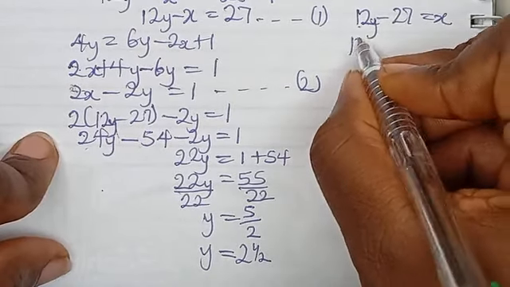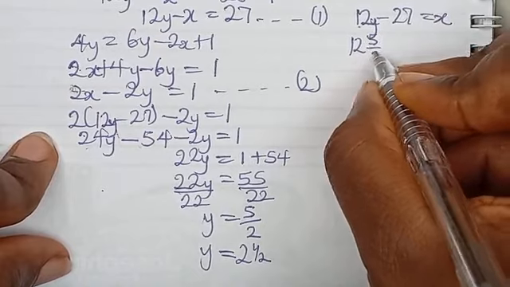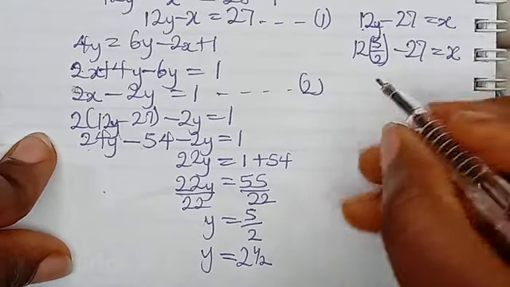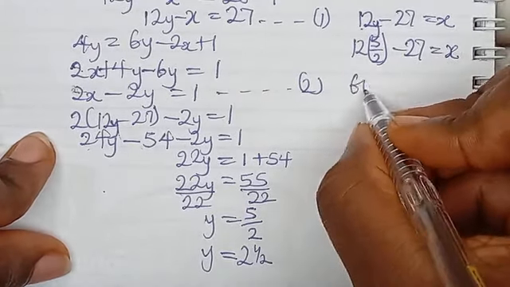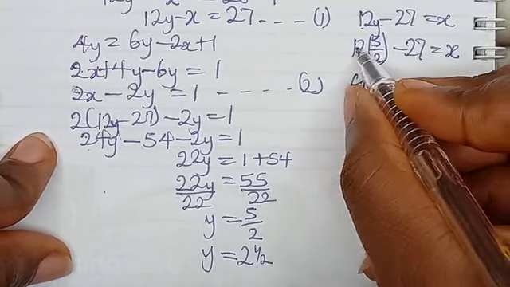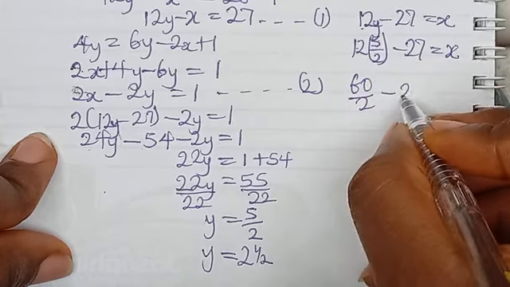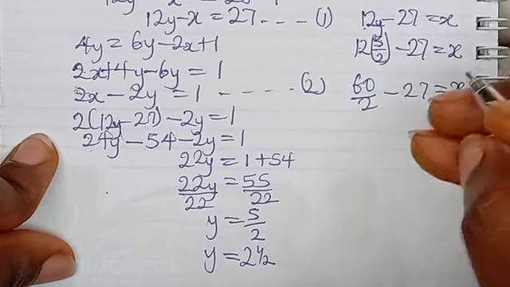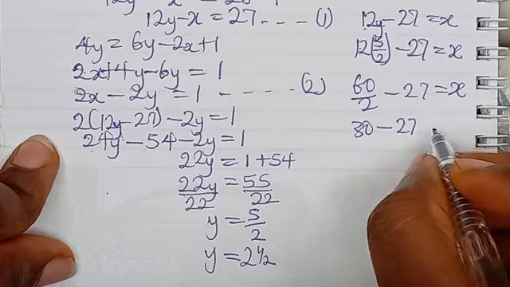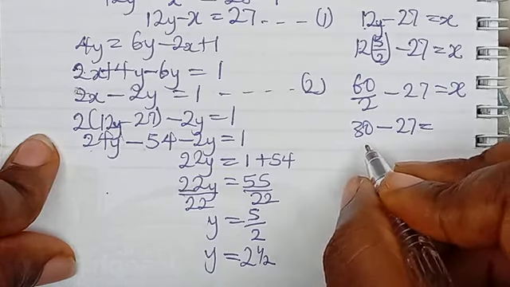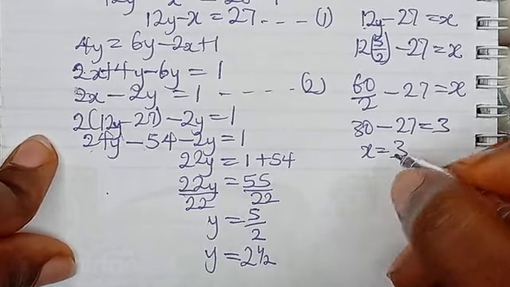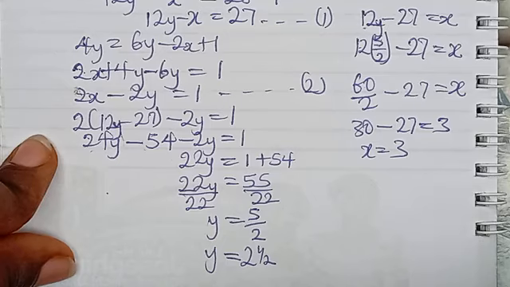We have that 12 into 5 over 2 minus 27 is equal to x. 12 times 5 is 60, 60 over 2 minus 27 is equal to x. 60 over 2 is 30. 30 minus 27 is 3. Therefore, x is equal to 3 and y is equal to 2.5.